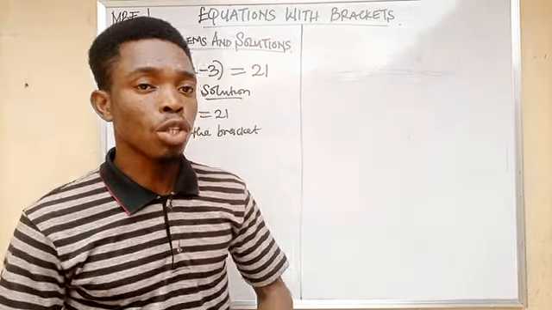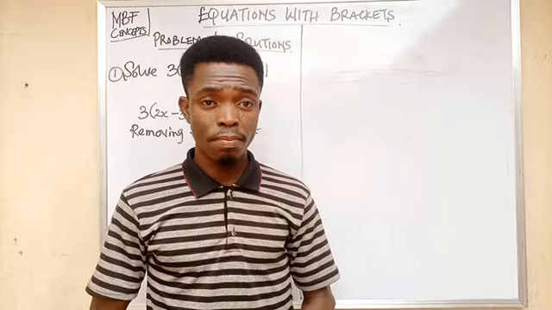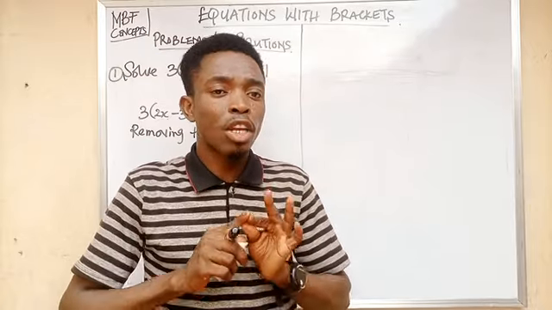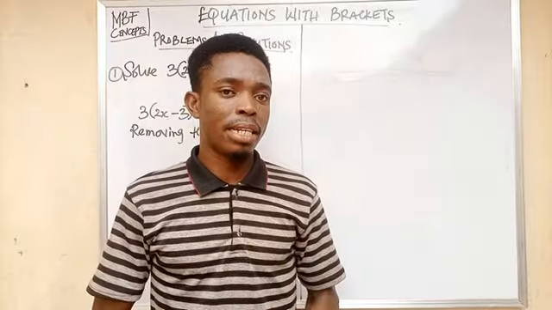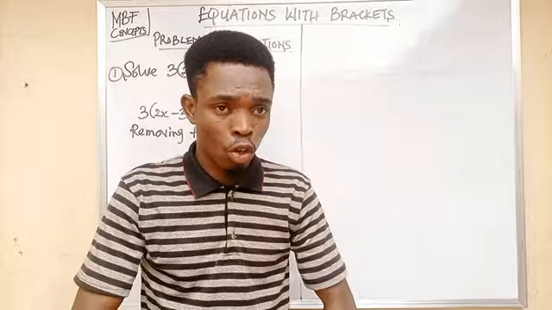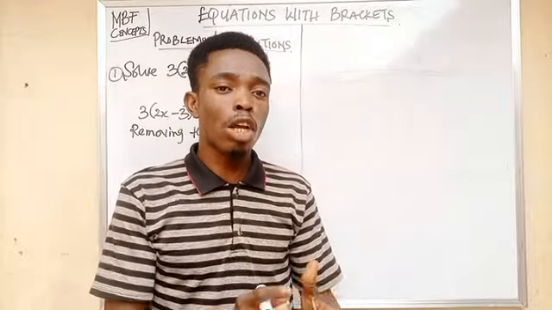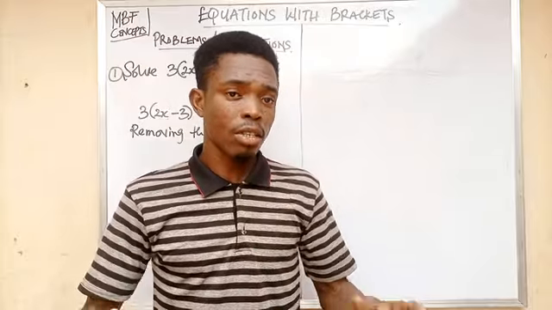Are you there? And understand that this factor must have a direct relation to the bracket. In other words, there should not be plus or minus in between this factor and the bracket. All right. So this is how it is.